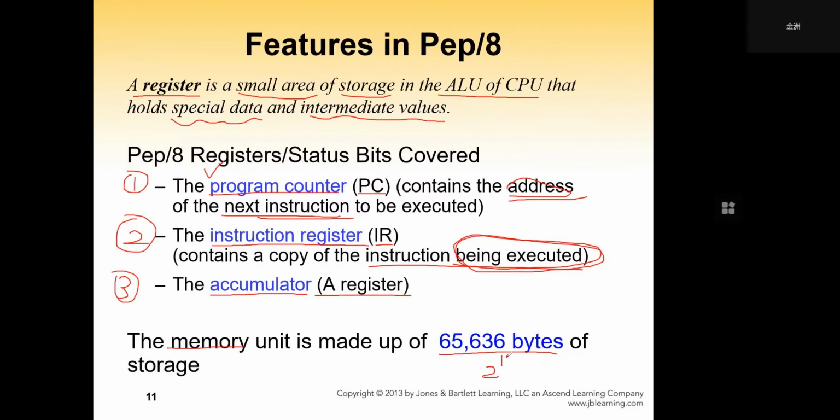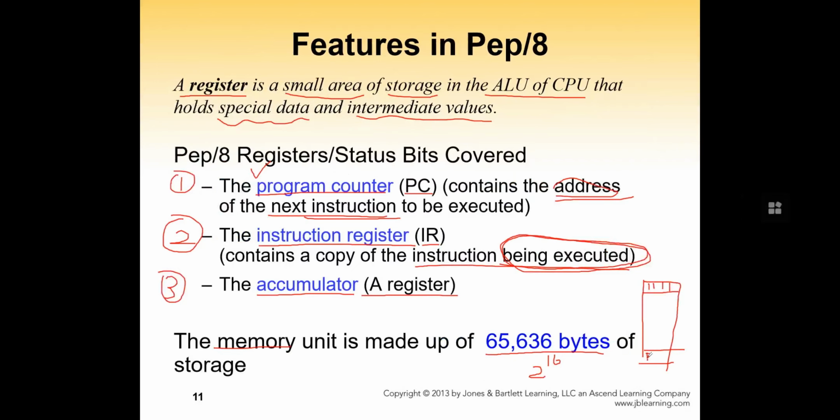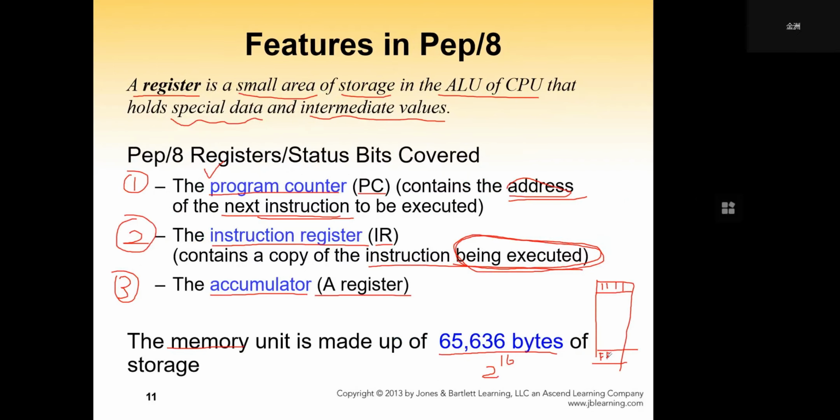It's supposed to be 16. So this machine is a 16-bit machine. In the memory, it represents values from 0000 to FFFF in hexadecimal.